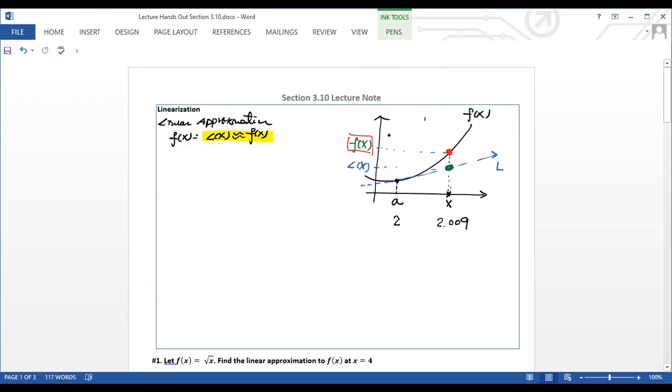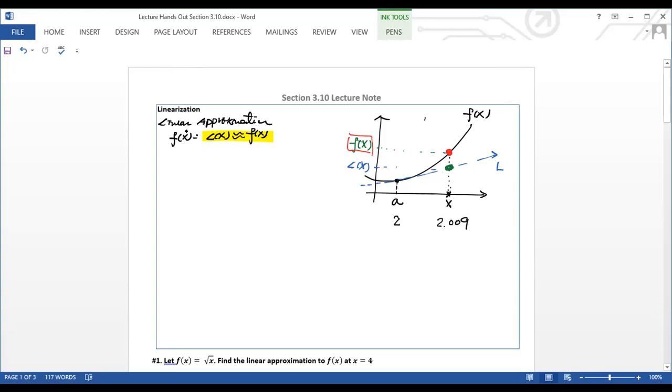Now let's take a look here. We know L of x can approximate f of x, so how do I approximate that? We know the equation of the tangent line.